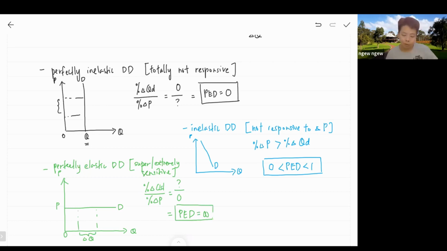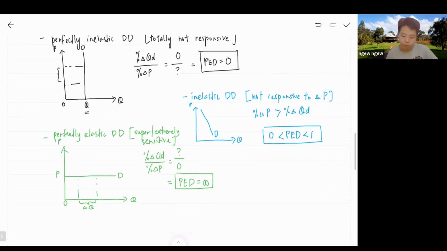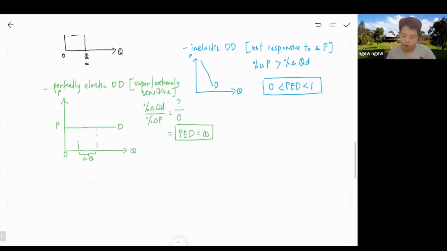Okay, moving on. Next, we have elastic demand, which is what we learned just now, which means consumers are highly responsive to changes in price.